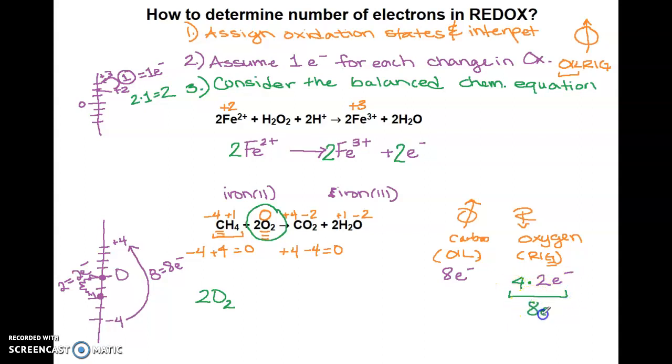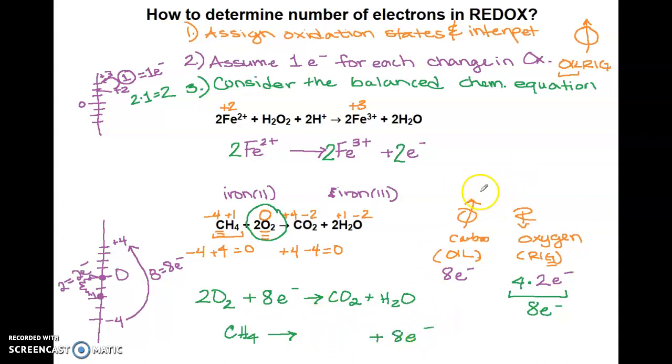So therefore, it's a gain of 8 as well. So 2 oxygen atoms gain 8 electrons to create my products, my carbon and my oxygen, whereas my carbon became all of this through the loss of 8 electrons.